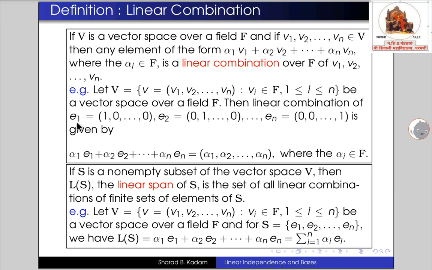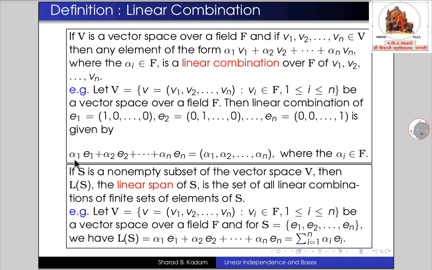Then the linear combination of these vectors E1, E2, ..., En is given by the summation alpha 1 E1 plus alpha 2 E2 plus so on plus alpha n En. Here E1 is an n tuple whose first component is 1, rest components are 0.